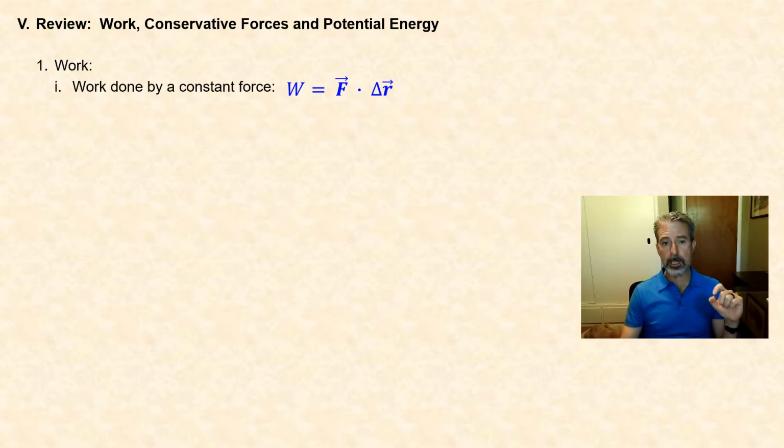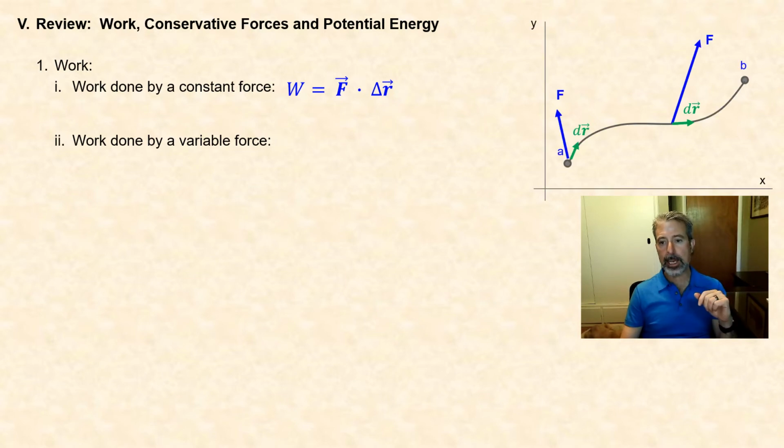If, however, the force varies as the object moves from its initial point to its final point, so we're talking about the case of variable force, that's what this diagram illustrates. Notice that as our object moves along this curved path from point A to point B, the force is neither constant in magnitude nor direction, in which case we need to break up that path into small enough increments such that these displacement vectors dr are so small that we can consider the force to be at least constant over that very small displacement.